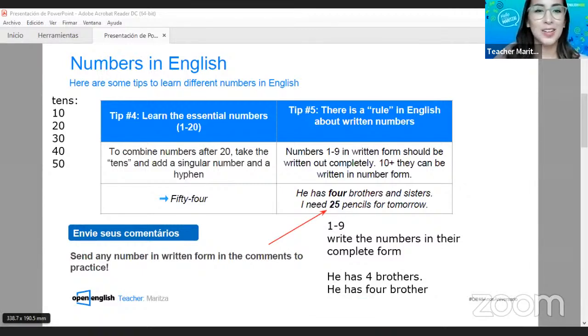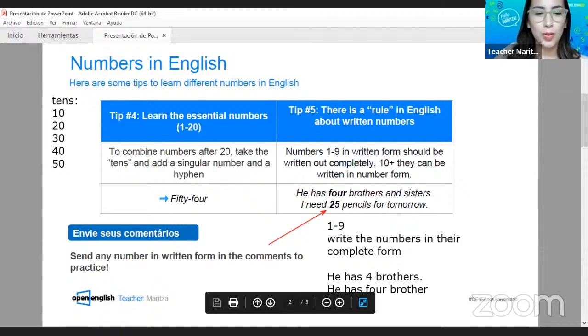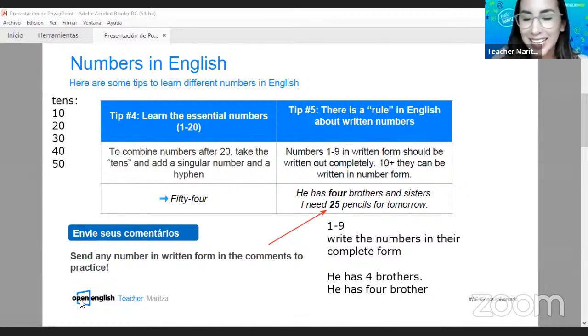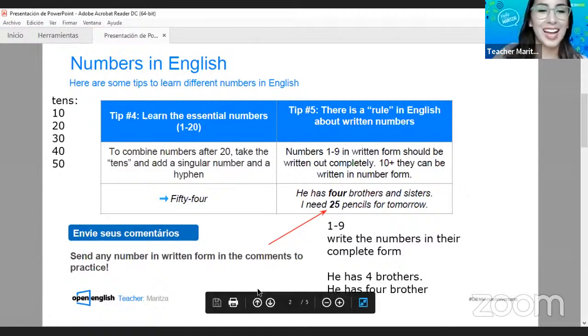We are here to learn all about numbers. I'm not sure if any of you have heard these rules before. Let me check here. Any comments? Okay, I'm 38 years old. Liam, very good. Excellent job.